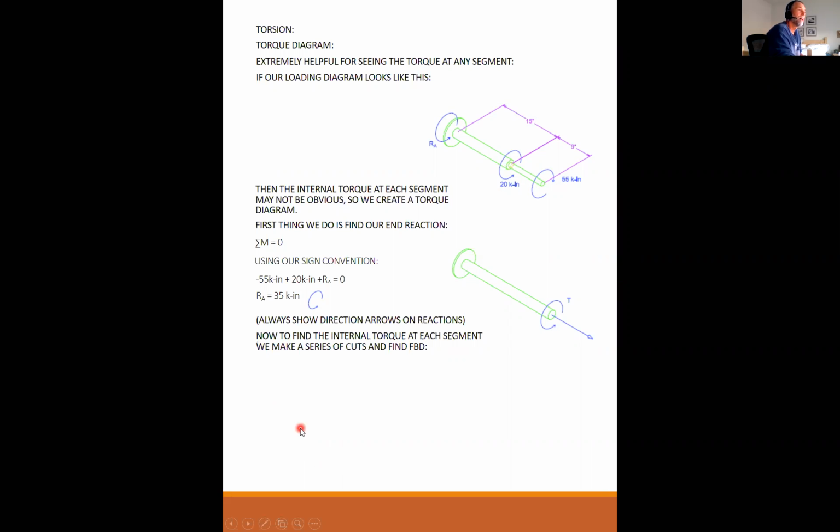Now, to find the internal torque at each segment, we need to make a series of cuts and take a free body diagram of each piece. So I redrew my problem statement, but now I've got my 35 kip inches drawn in the positive sense.